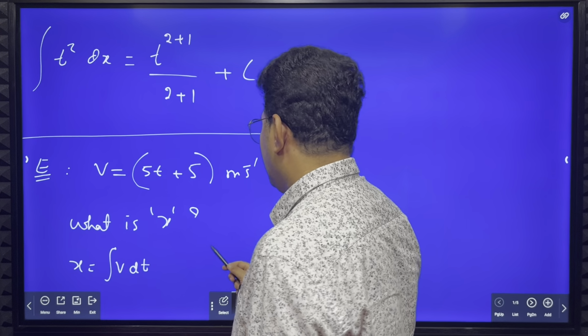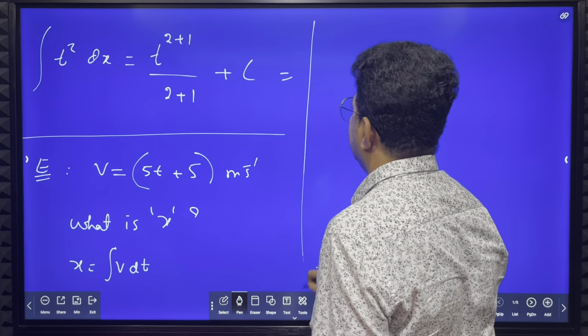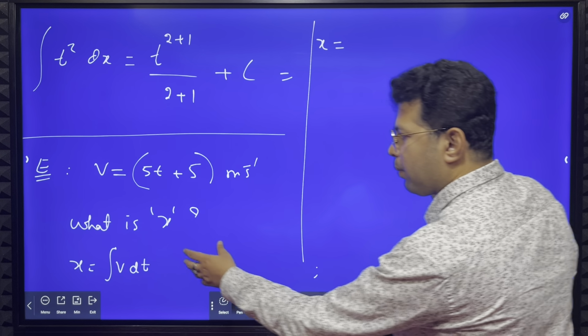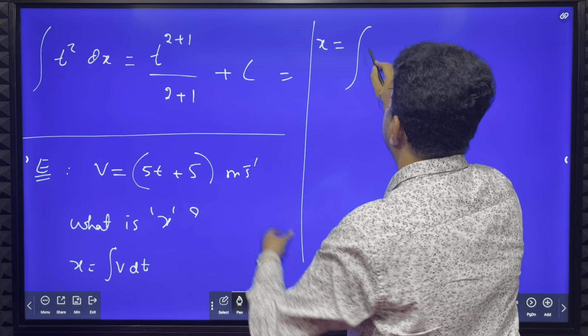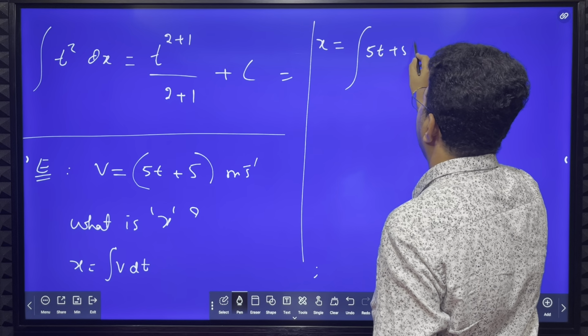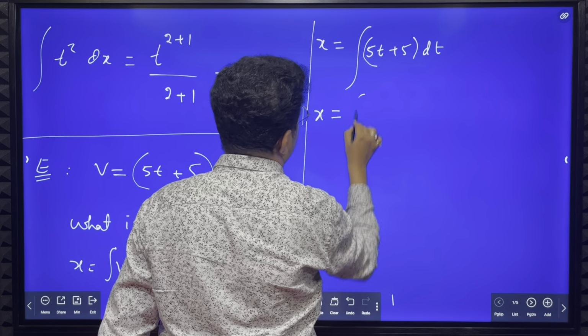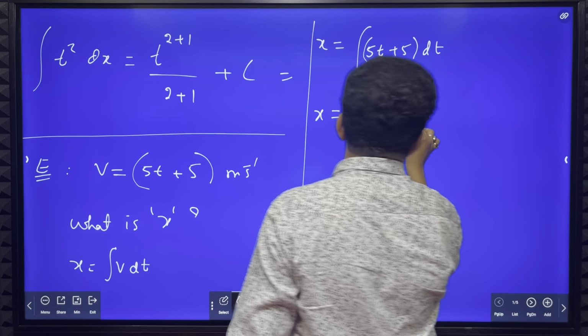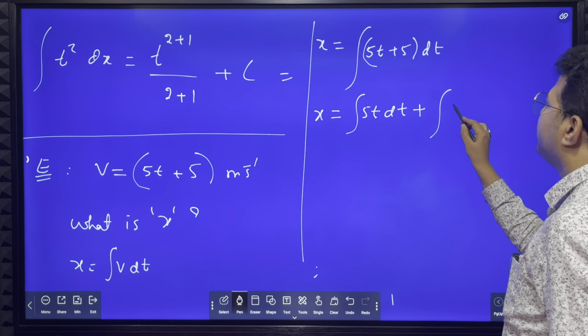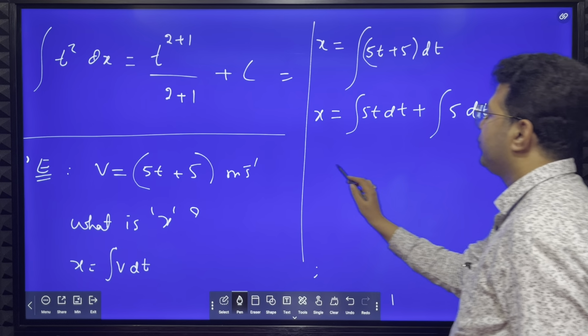Okay. So x is equal to integration of v, means 5t plus 5, with respect to t. Means what we got? x is equal to integration of 5t with respect to t plus integration of 5 with respect to t.